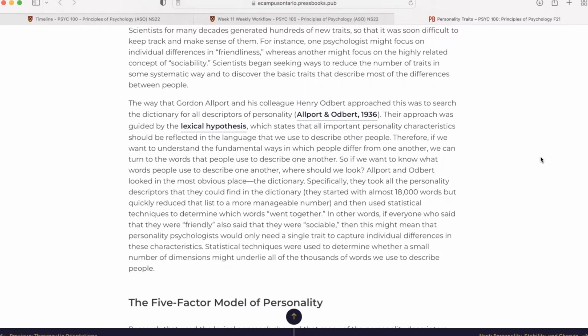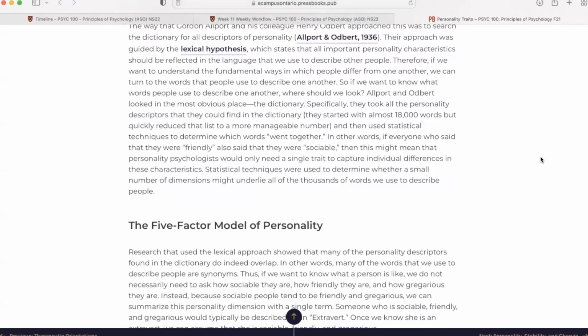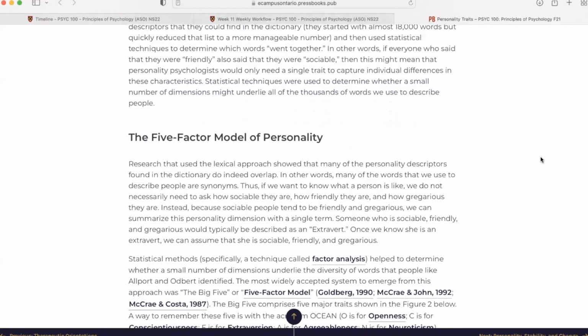So, if we want to know what words people use to describe one another, where should we look? Allport and Odbert looked in the most obvious place, the dictionary. Specifically, they took all the personality descriptors that they could find in the dictionary. They started with almost 18,000 words, but quickly reduced the list to a more manageable number, and then used statistical techniques to determine which words went together.